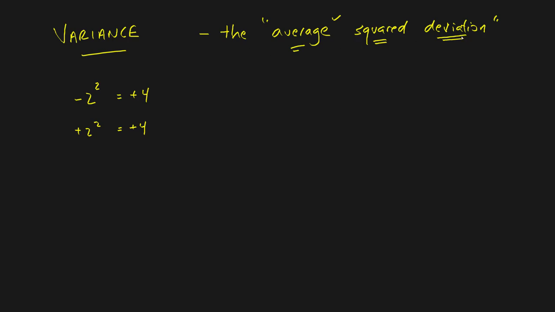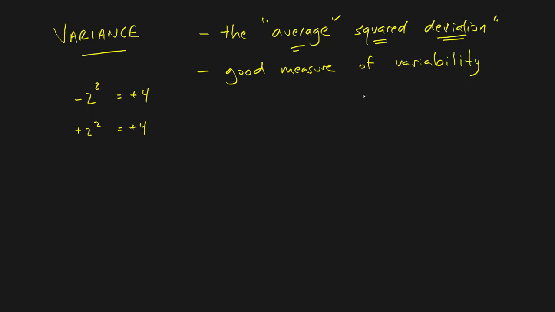We do that only because otherwise our average deviation would always come out to be 0, which is kind of useless. So the variance works. It gives us a number that's not always 0. Okay, so this ends up being a good measure of variation or variability, however you want to talk about it.